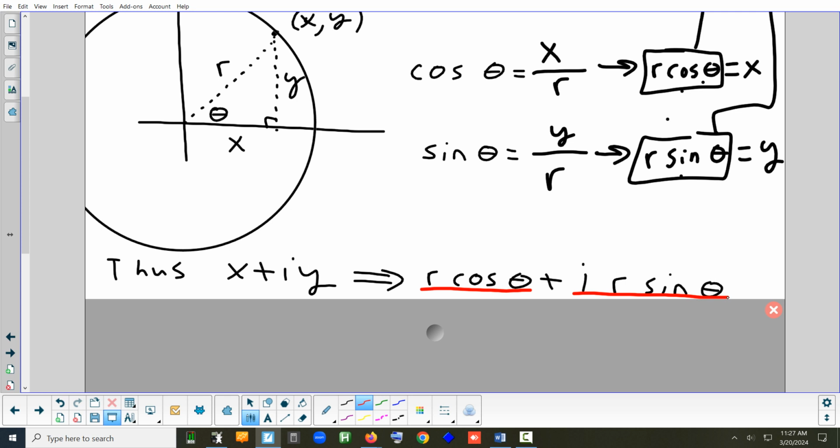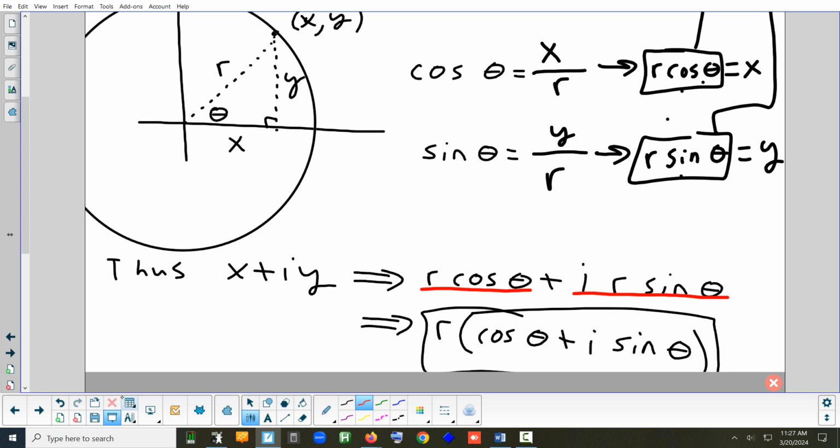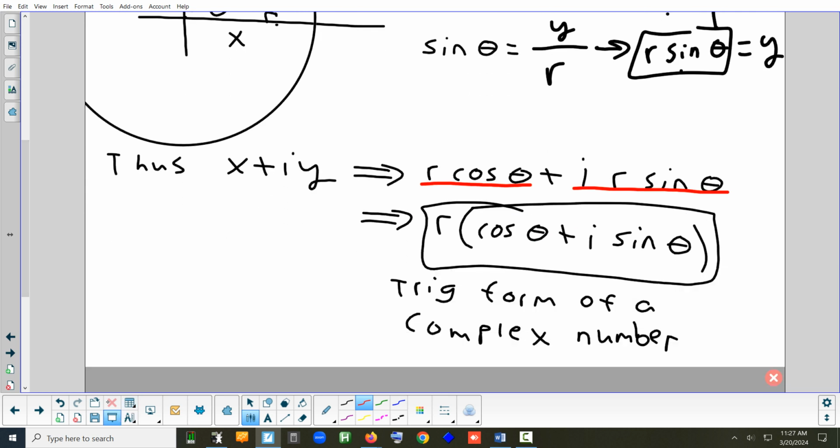What's the opposite of the distributive property? Factoring. So instead of having it distributed out, we're going to factor it out. And that is how you write a complex number in trig form.